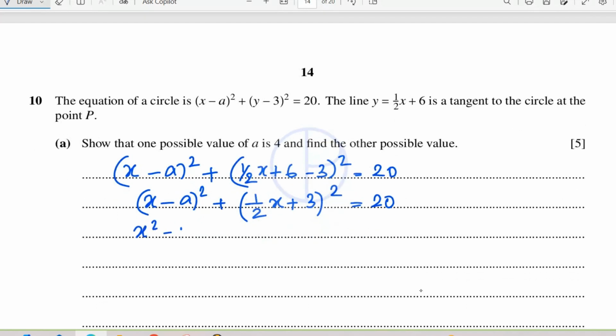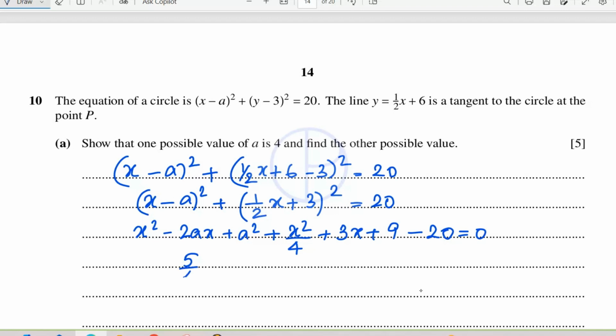x square minus 2ax plus a square plus x square divided by 4 plus 3x plus 9 minus 20 equal to 0. Combine the x square terms.